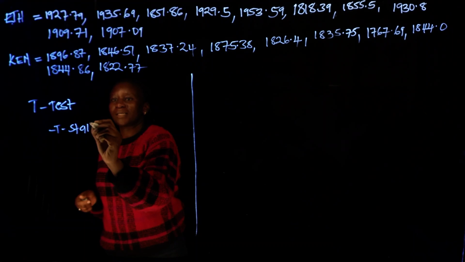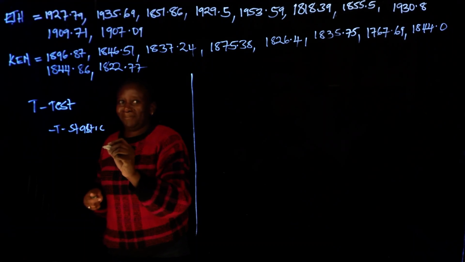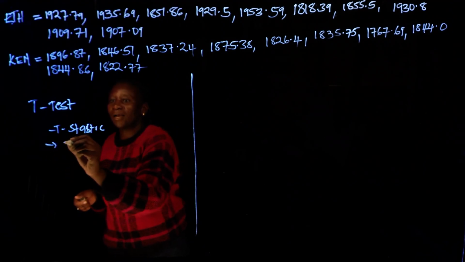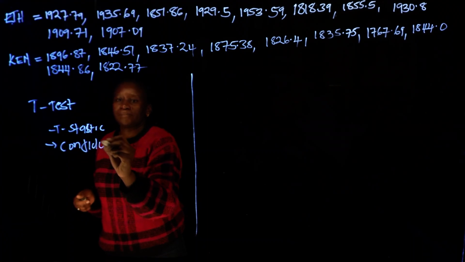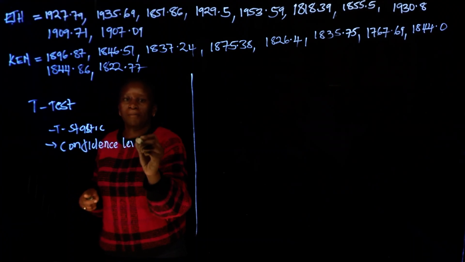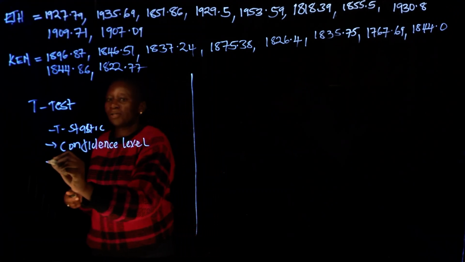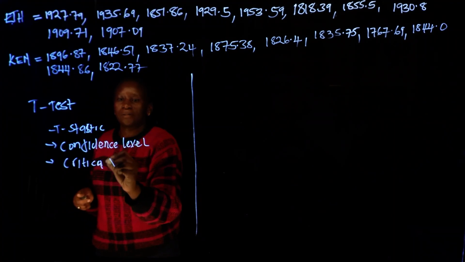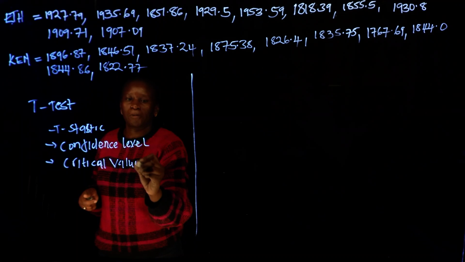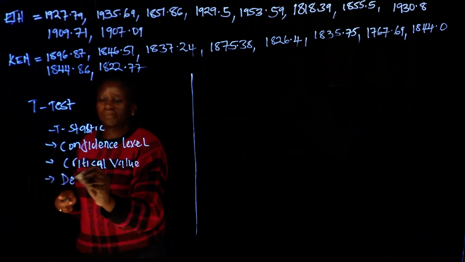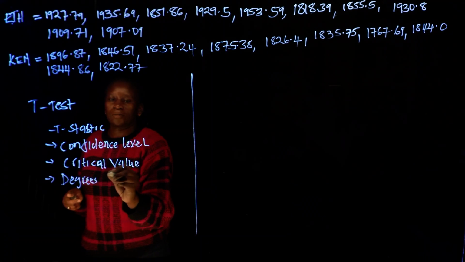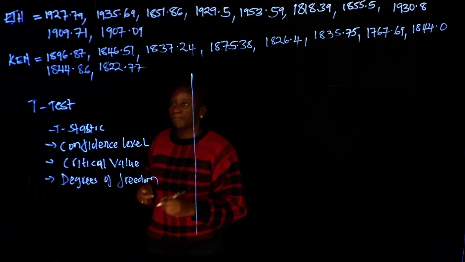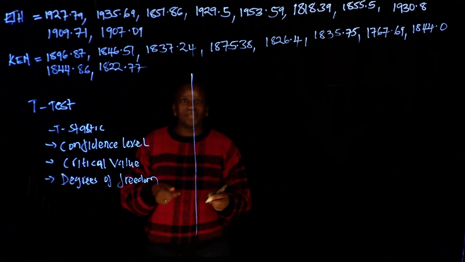We also need to get our confidence level, a critical value, and the degrees of freedom. To start us off, we will look at the formula for calculating the T-statistic.